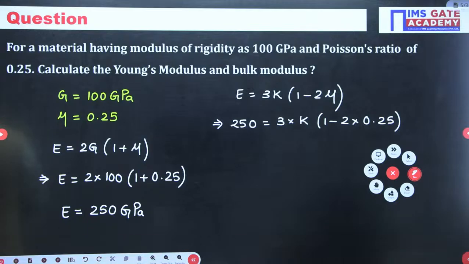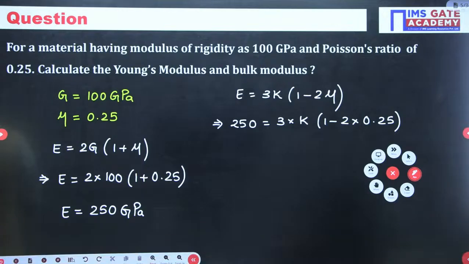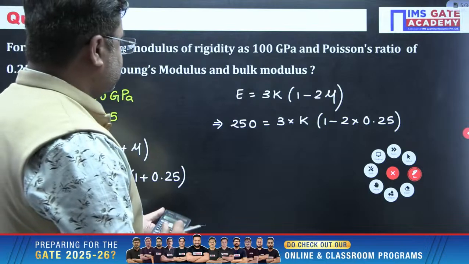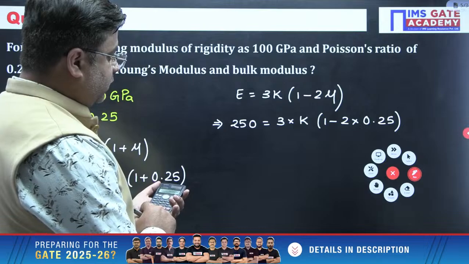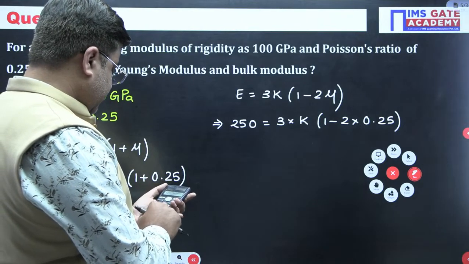Everyone, please tell me what will be the value of K. How much is K? So this is 250 divided by 0.5 divided by 3.